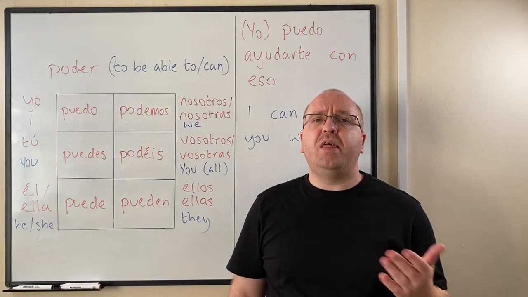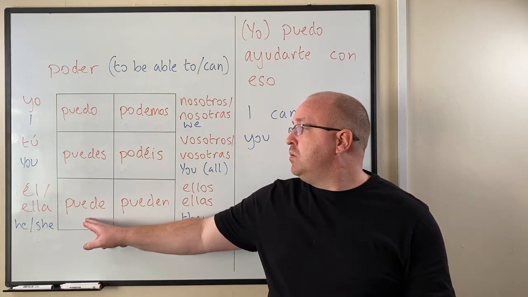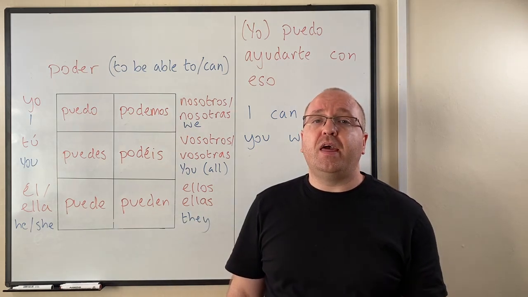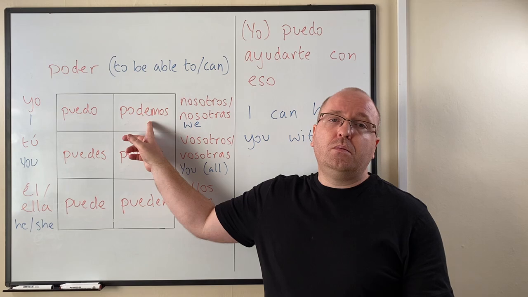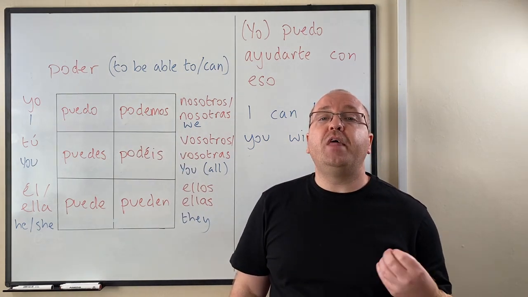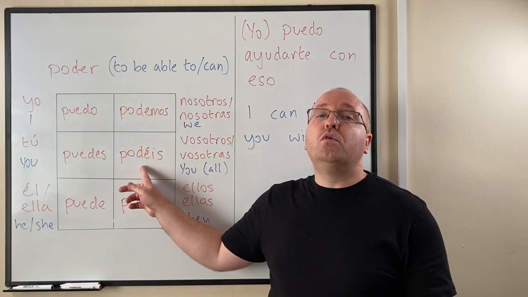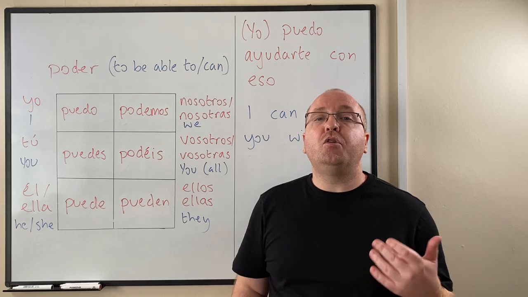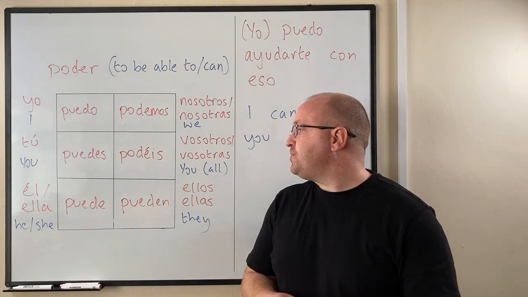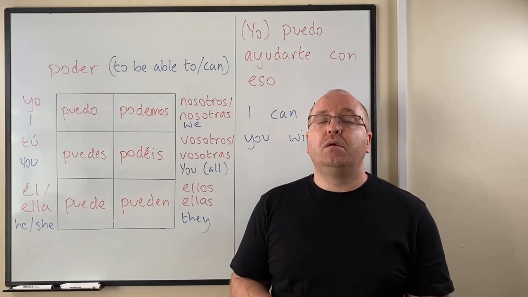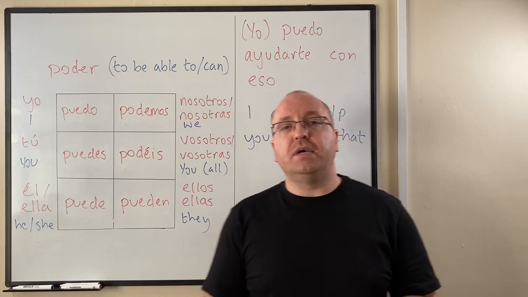He's able to or he can, puede. We're able to or we can, podemos. You plural are able to, podéis. They can or they're able to, pueden.